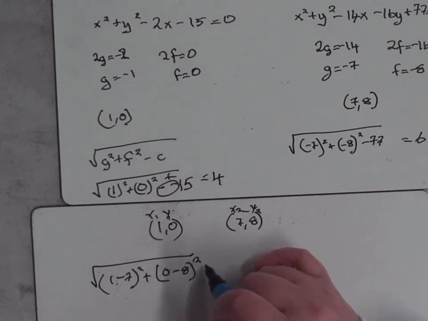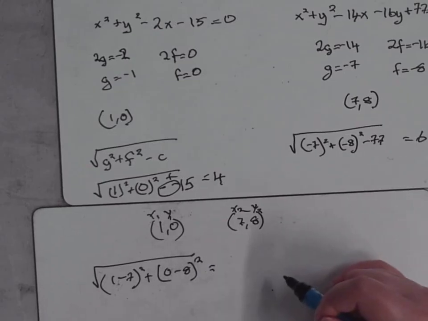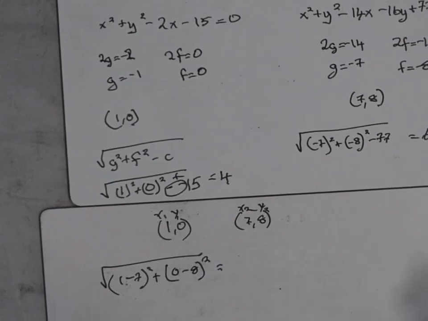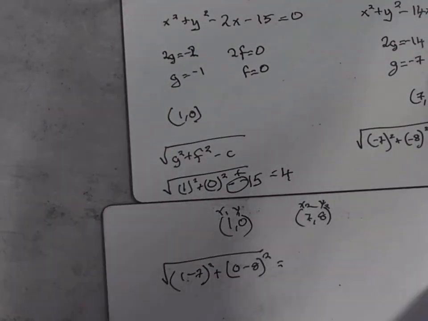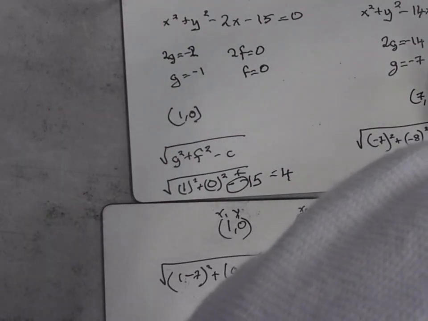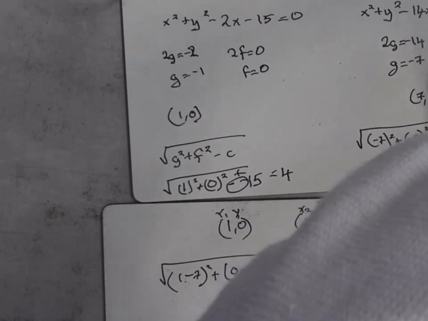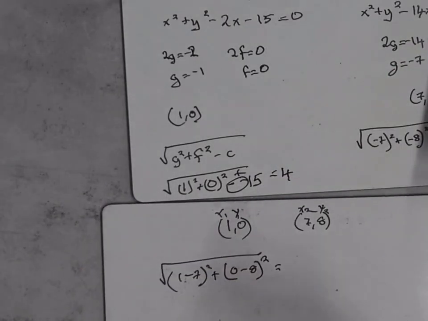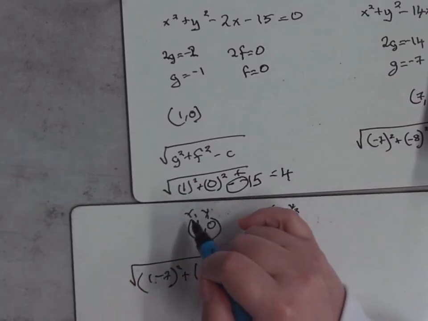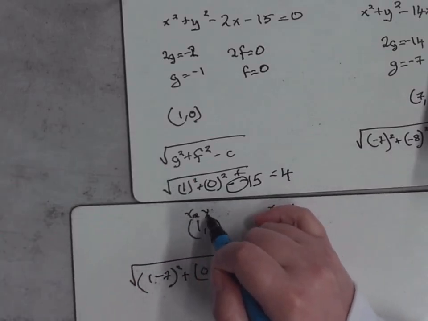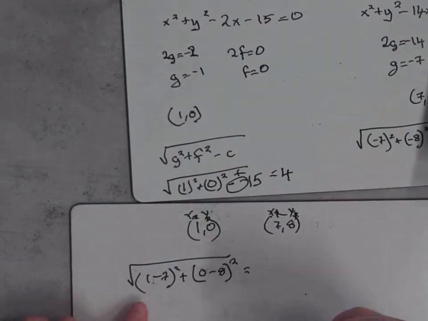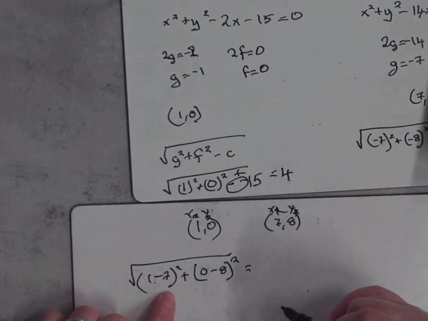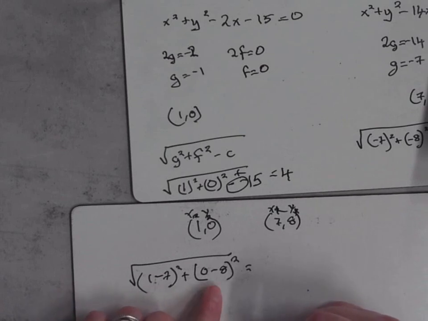Have I got it right now? I should have written down the formula because I don't know it. What is it? So it's x2 minus x1, y2 minus y1, right? So look, if I just change this to x2 and y2 and change this to x1 and y1, I'll be right, won't I? x2 minus x1 squared plus y2 minus y1 squared, and there's a plus in the middle, yeah?